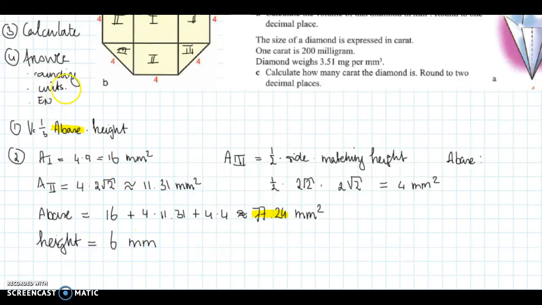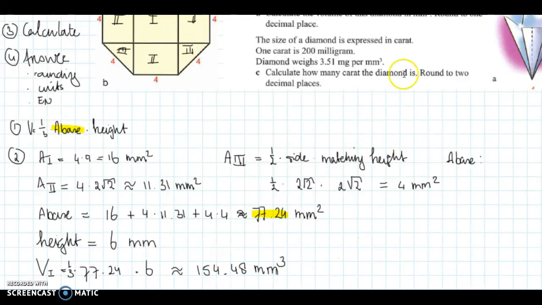That means if we're going to calculate the volume, we can fill in for the first pyramid, 1/3 times 77.24 times 6, and that will be approximately 154.48 cubic millimeters, and that's for the first one.